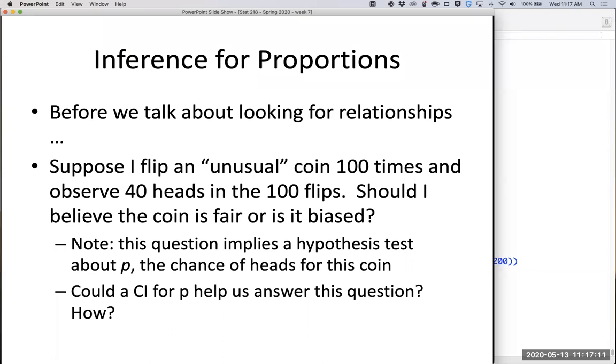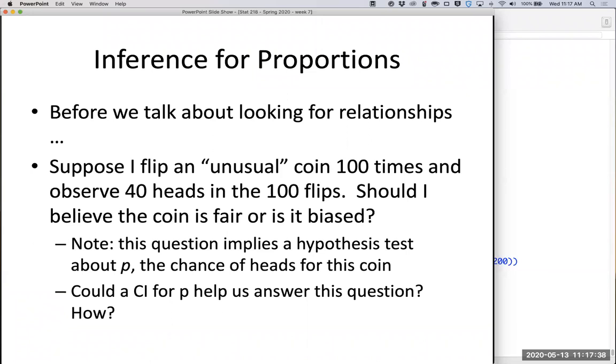It looks like it's maybe from a foreign country, or maybe not even really a coin that could ever be spent anywhere. Half those foreign currencies look like coins, but I don't know. If it's from Botswana, I don't know what the Botswanan coins look like. So someone hands you this coin, you flip it 100 times, you get 40 heads. Would you believe the coin is biased?